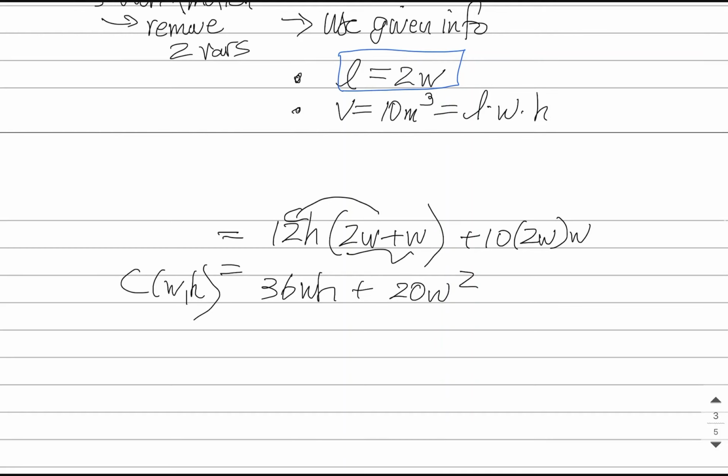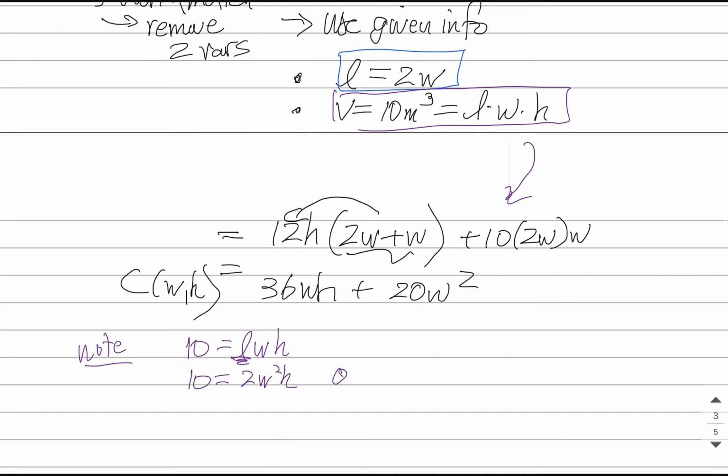And the other fact that we're going to use is this. So we have to make a little bit of a decision. We'll have that 10 is equal to length times width times height. But because we know the length is twice the width, we end up with this relationship.